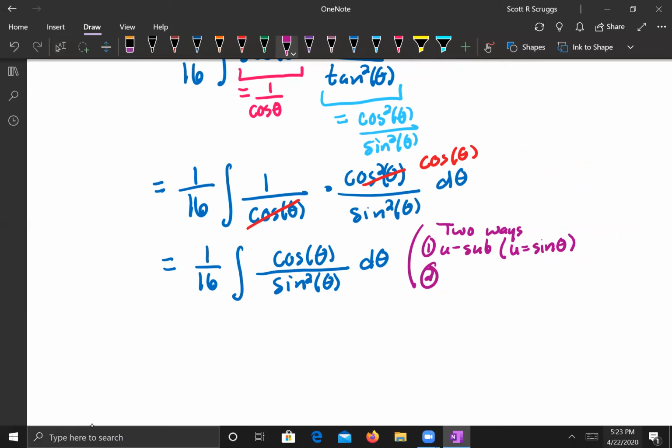Another way that you can evaluate this integral, which will be the method I'll do, is rewrite the integrand in terms of another.